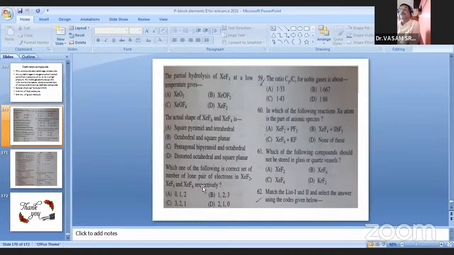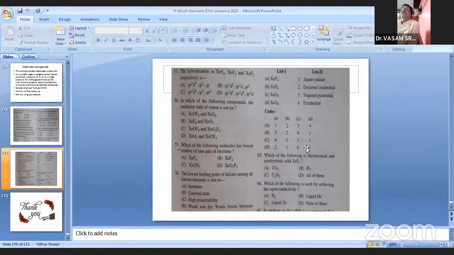So this question belongs to lone pairs. And the ratio of Cp by Cv: monoatomic, diatomic, triatomic, they are all monoatomic, so 1.66. And these are the hybridizations in XeF6, XeF4, XeF2 respectively.